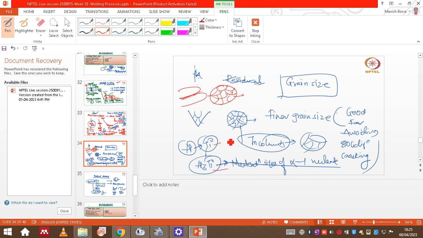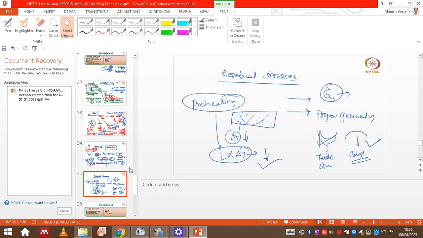If there are a sufficient number of Al3Ti particles, there will be more nucleants for the formation of smaller grains. That means the nucleation site density will be higher, so the grain size will be finer, and the grain boundary area will be more in such cases, and subsequently it will be good for avoiding solidification cracking, right?